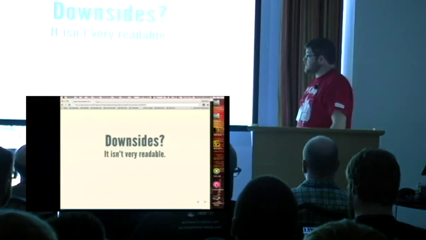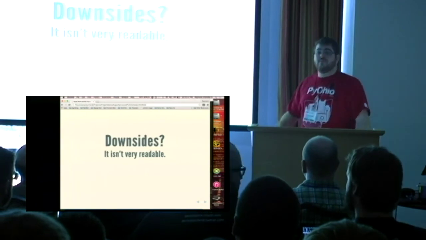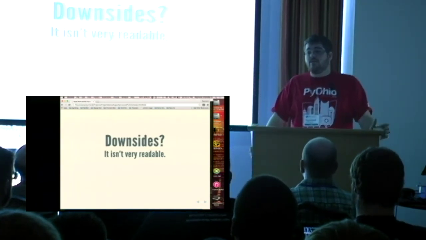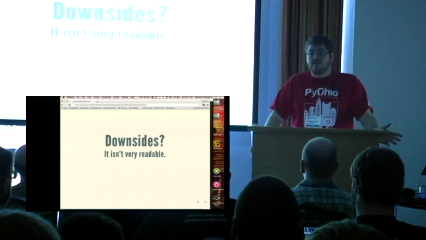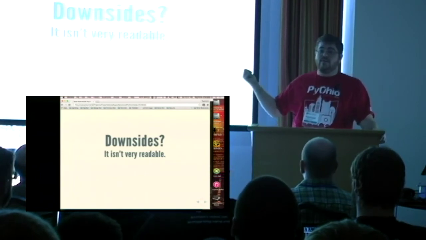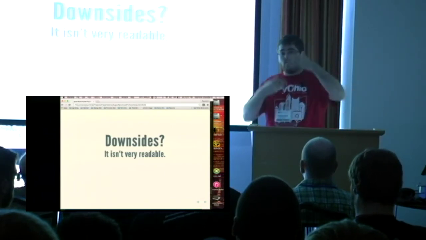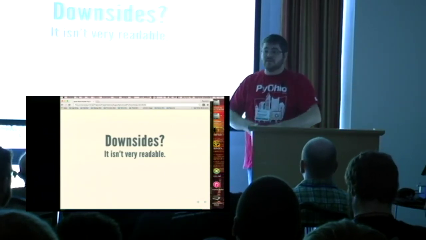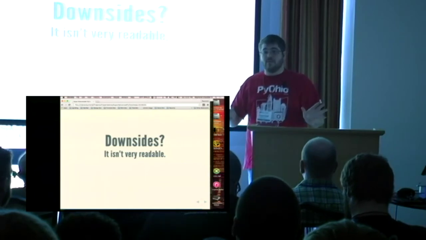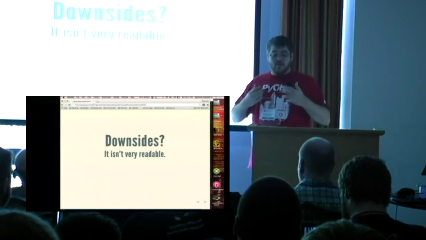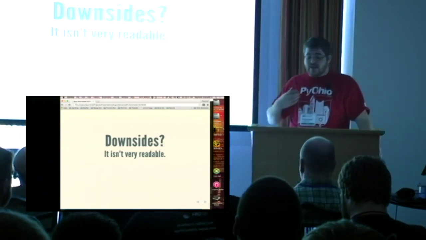So downsides to this, why you shouldn't use it: it's not very readable. I recommend if you're writing Python code, you should be focusing on readability first, always. Don't write code like everything you see here unless you know you have large data transformations you need to do and you want it always to be repeatable. That's the only reason you should use functional programming, in my opinion. My opinion is often wrong, but that's how I think about things.